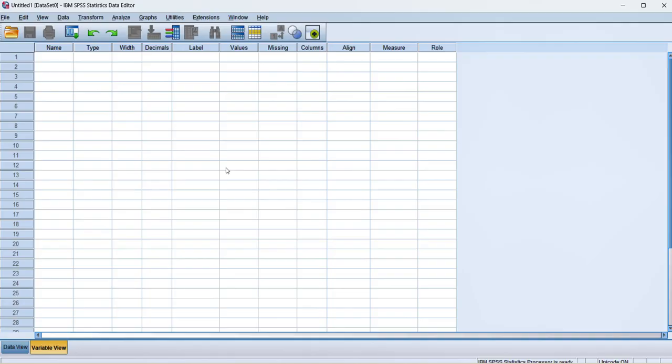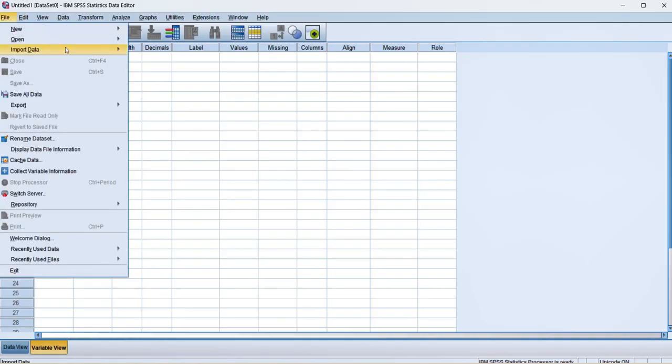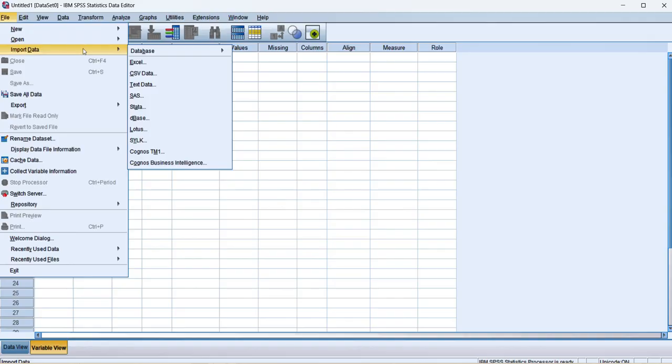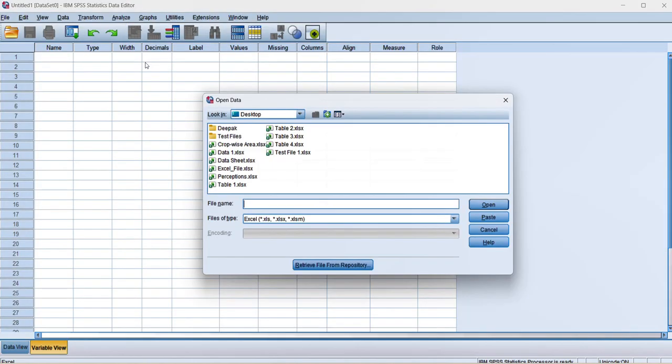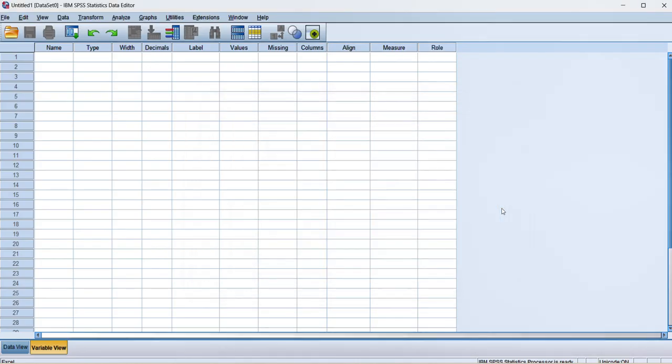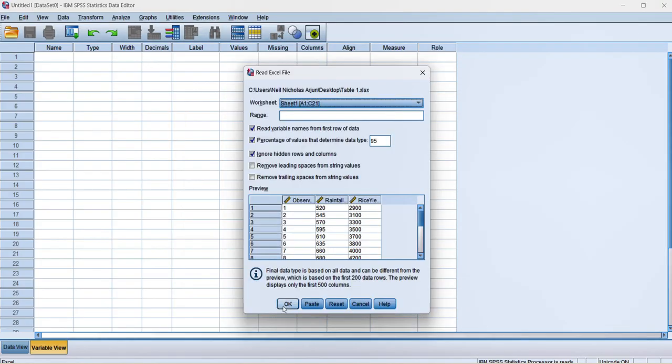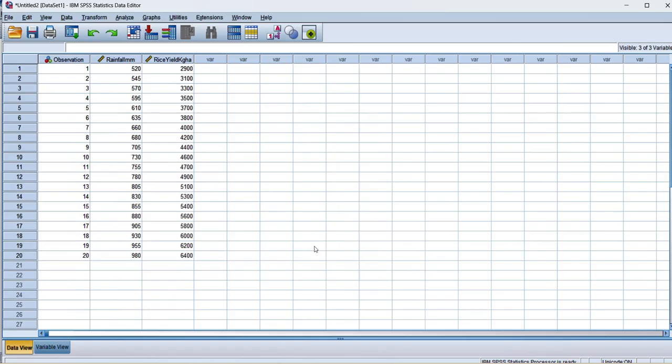Let's take an example. Calculate Pearson correlation. We will first add data. To add data, go to the file, select import data, and select the data type. In this example, I am going to calculate whether there is any correlation between rainfall and rice yield. You can see this is continuous data.